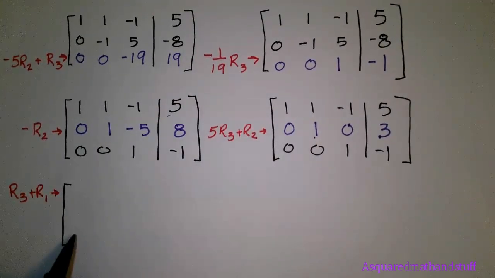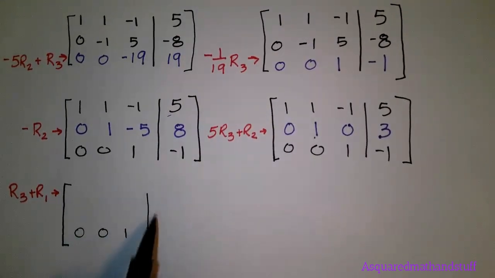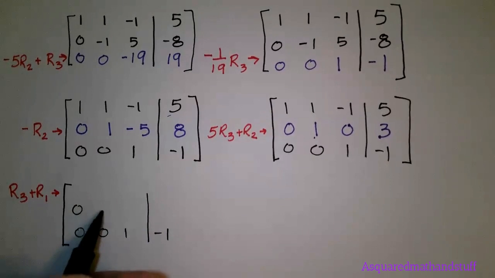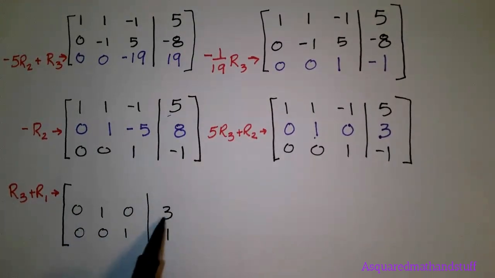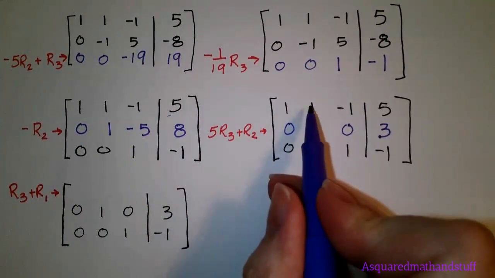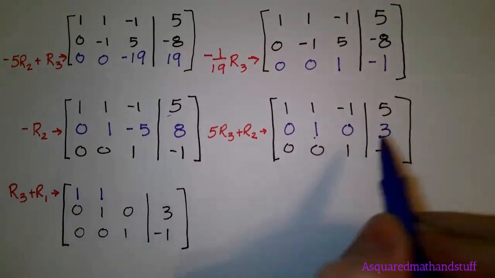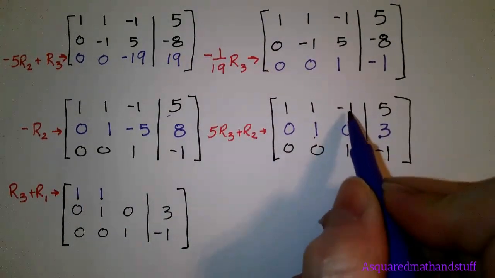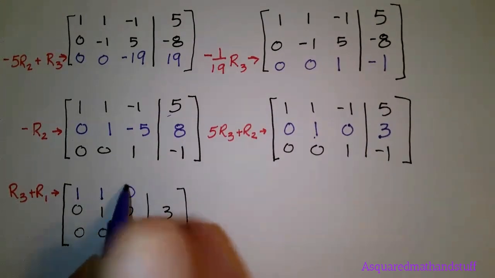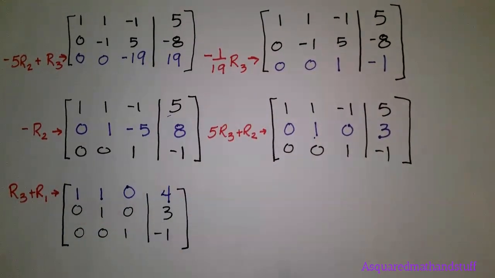Rewrite everything that we have not touched with this manipulation. And our new row 1, 0 plus 1, 0 plus 1, gives us 1 in both of those positions. Now 1 plus -1 gives us 0. -1 plus 5 is 4.